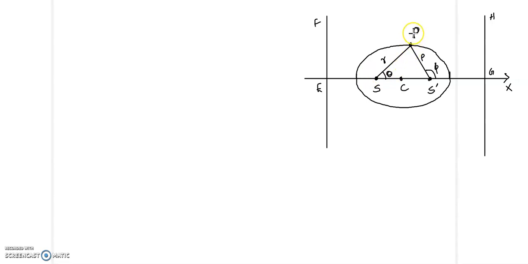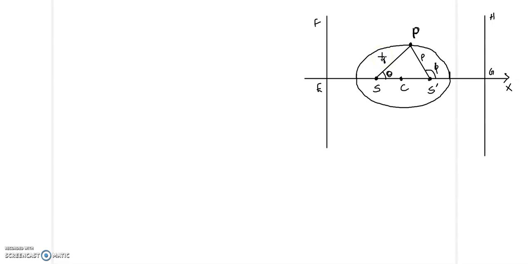Now we can take the equation of the conic. So S is the pole. We can take the equation of the conic in the direction of the initial line, so Sx will be the initial line. We can write down the equation of the conic with respect to the initial line and with respect to the directrix, and similarly the equation with respect to the direction opposite to the initial line.